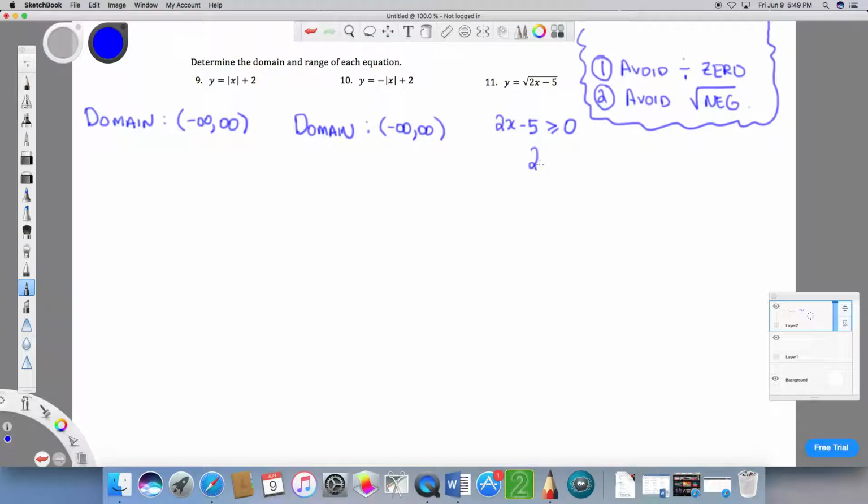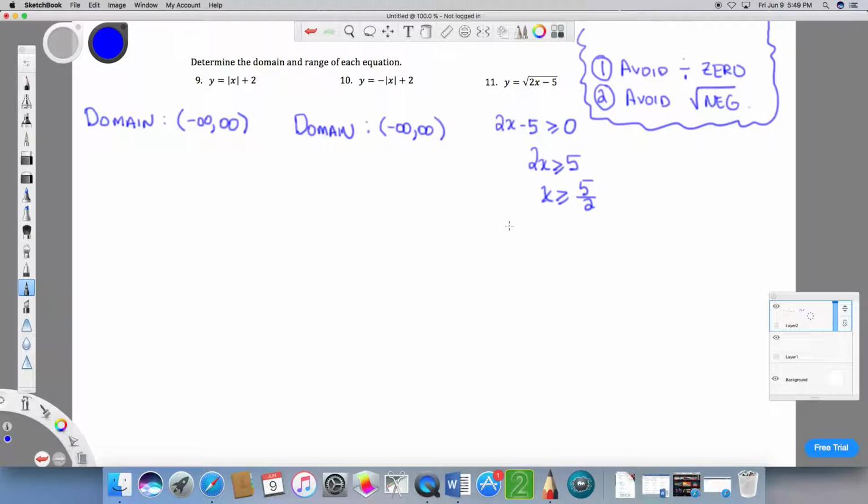So if we solve this for x, as long as we're bigger than 5/2, as long as we're bigger than 2.5, then we're okay. If we're smaller than that, like say 0, 2 times 0 is 0, and 0 minus 5 is a negative 5. And within the set of real numbers, we cannot take the square root of a negative number.